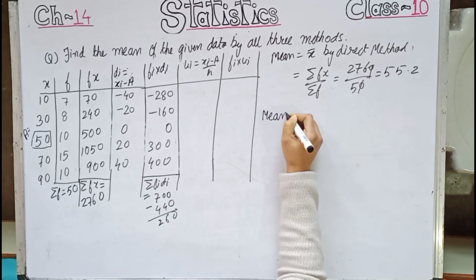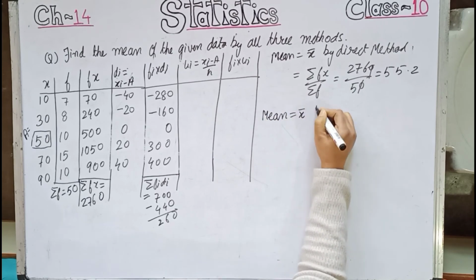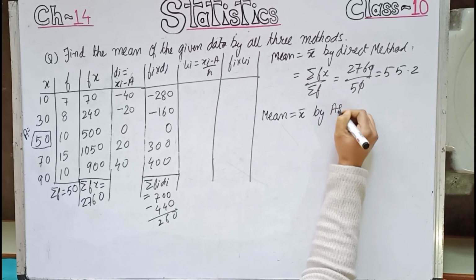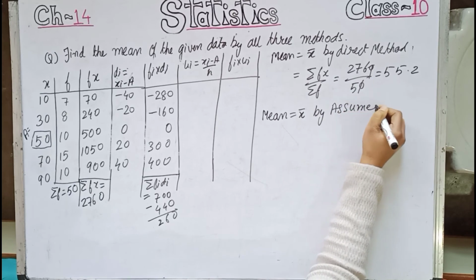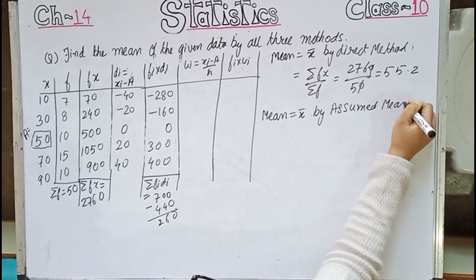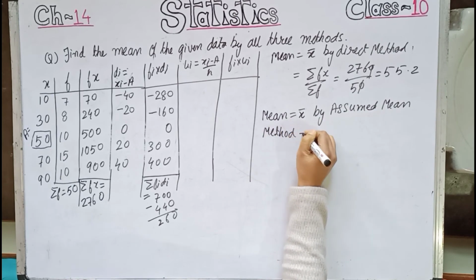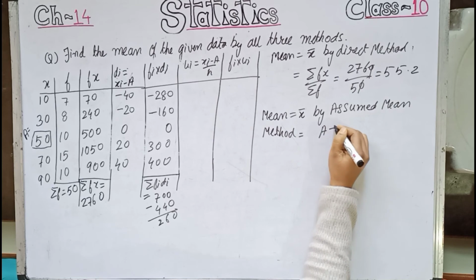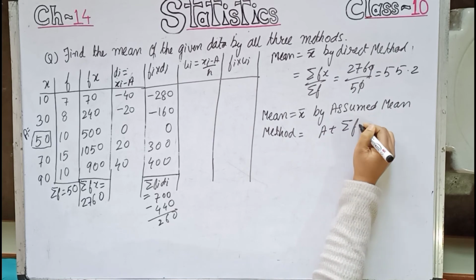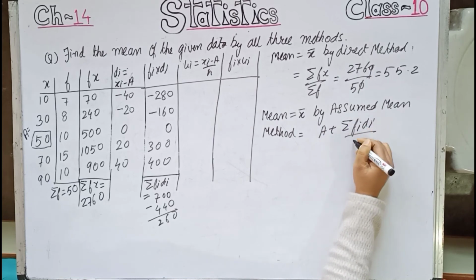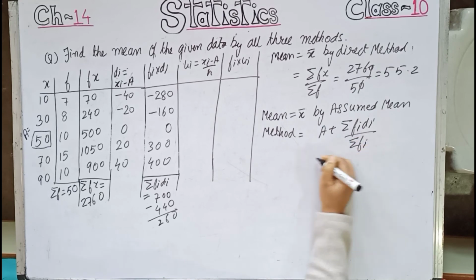So the mean, x bar, by the assumed mean method equals a plus summation fi into di by summation fi.